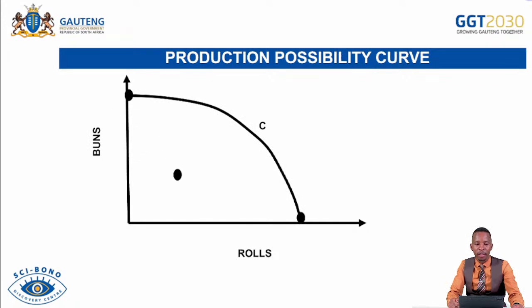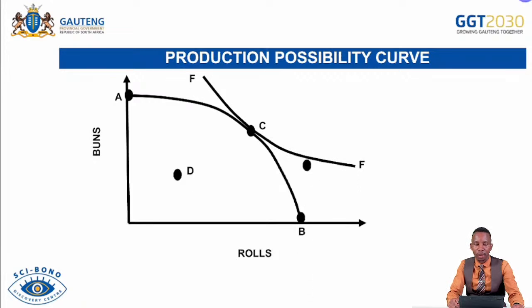And then there is the point inside the PPC, which is point D. On our vertical axis we have A, and on the horizontal axis B, meaning our PPC moved from A to B. And then that is the point C along the PPC. And then that is our indifference curve.